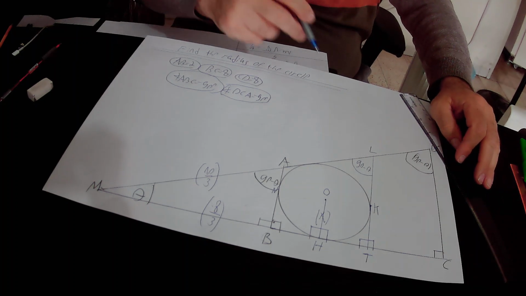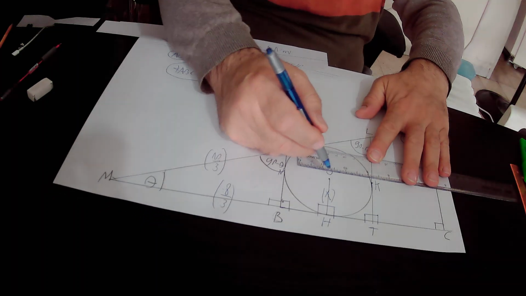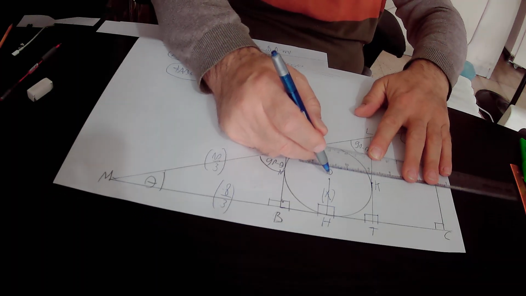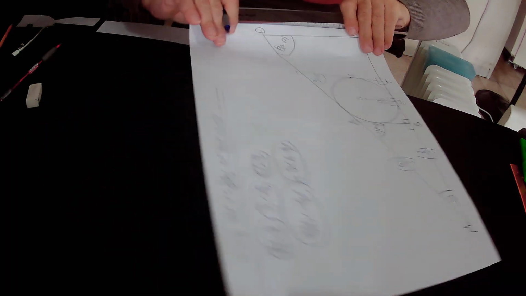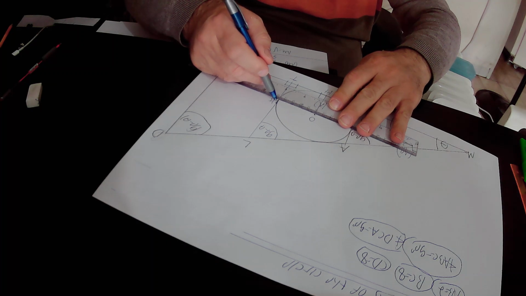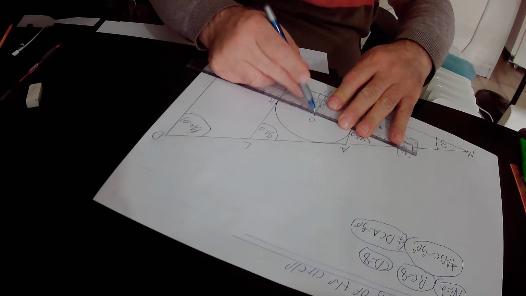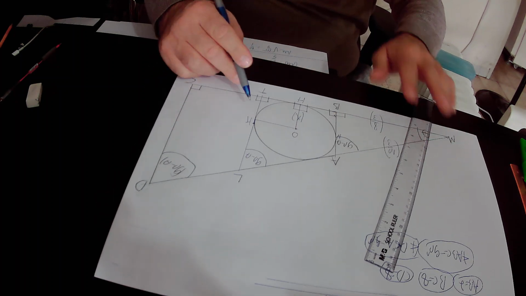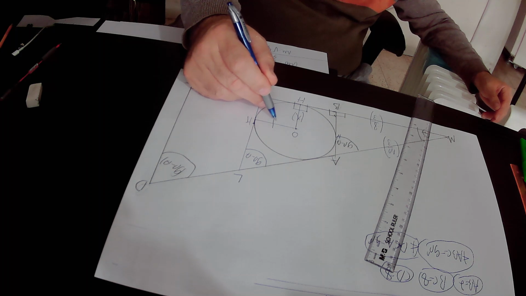Likewise, we'll join points O and K together by a straight line. OK is the radius of this circle that is equal to x.